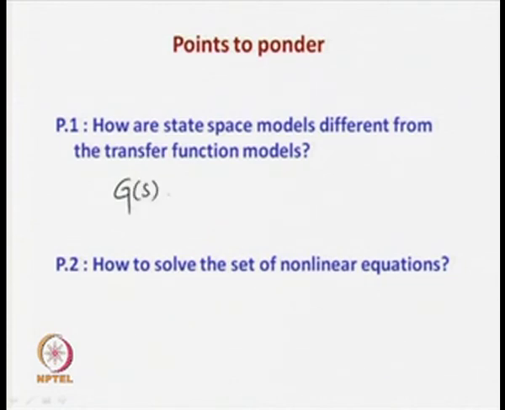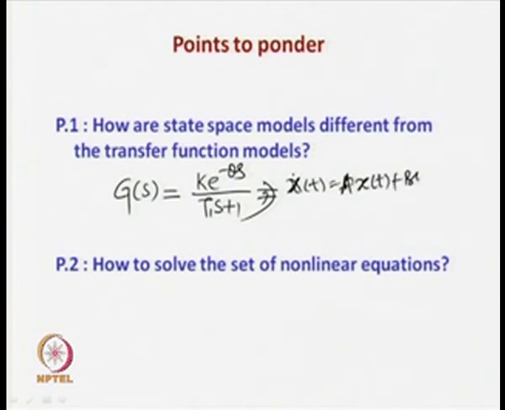A transfer function model is given by G s equal to k e to the power minus theta s upon T1 s plus 1, whereas the state space model has got two expressions, one state equation and the other one the output equation, and you get this expressed in the form of x dot t equal to a x t plus b u t minus theta, y t equal to c x t. So, how are they different?